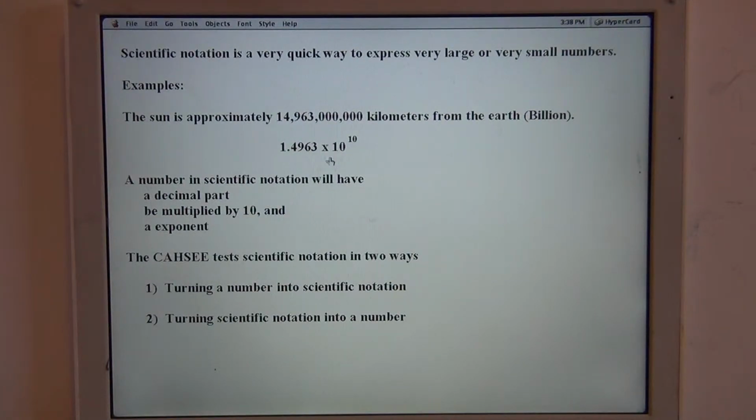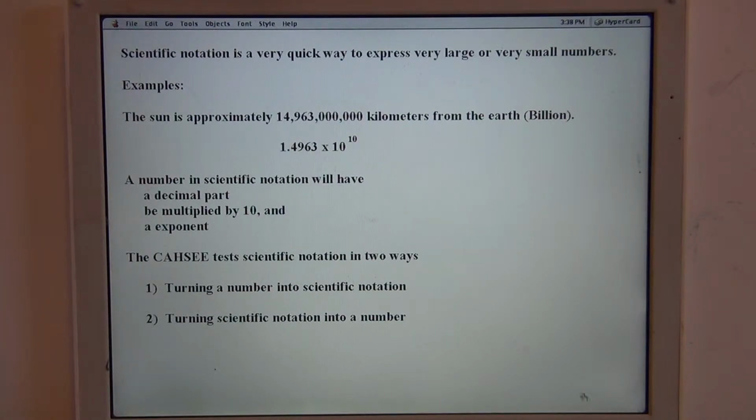In this case, it's 10 to the 10th power. So all numbers in scientific notation will have a decimal point, be multiplied by 10, and have an exponent.